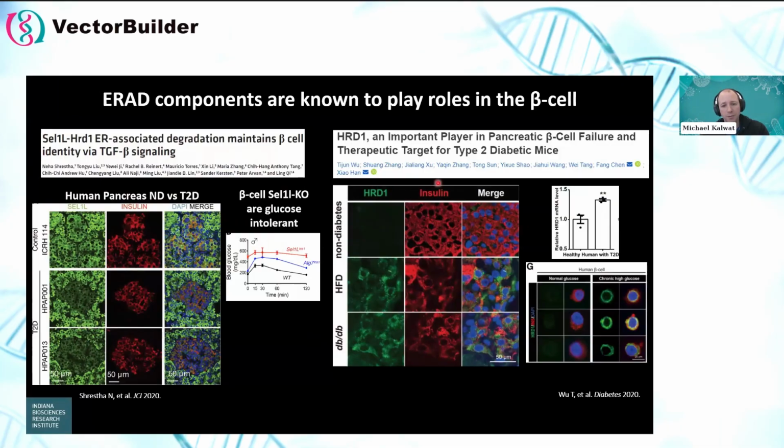And another paper from a group in China showed that the E3 ligase, HRD1, was actually induced in diabetes models, so in human islets and in mouse models of diabetes. So it suggests that there's a disconnect in the stoichiometry of these pathway components. In some cases, the components are going down, in some cases, they're going up. So we wanted to take a look at these in our own hands as well.